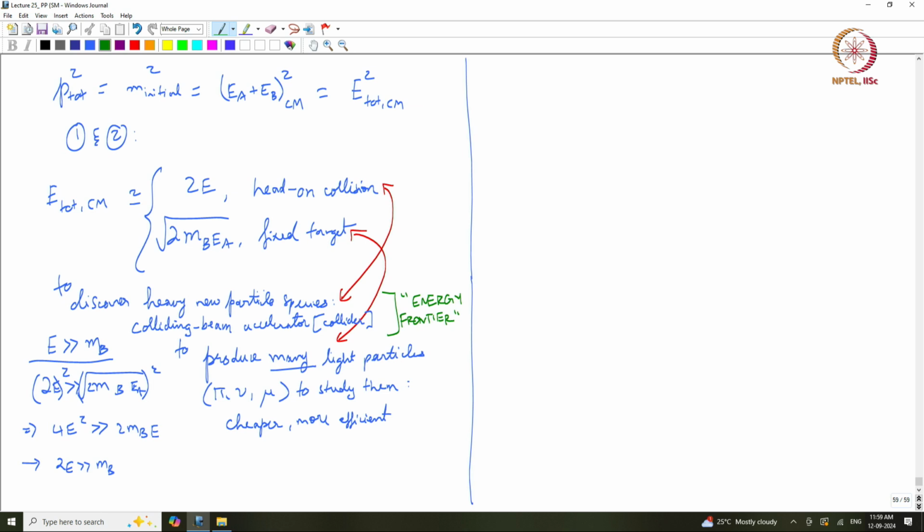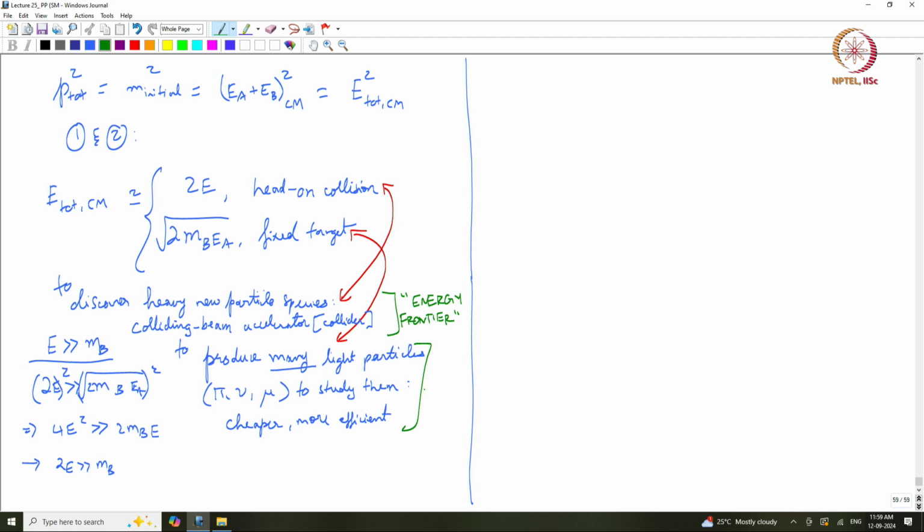Why? You build 2 beams with higher and higher energies, and you are basically increasing the energy reach of particle physics by going to higher energies and trying to produce newer and newer particles, right. So, that is the energy frontier.